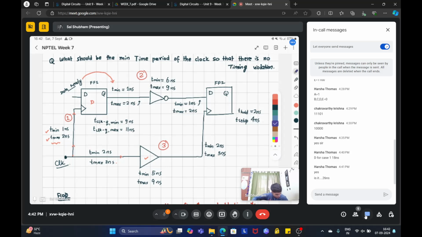26 nanosecond. So are you talking about a time period? That is not the correct answer. So that is actually the answer, but I am talking about the minimum time period. Okay.